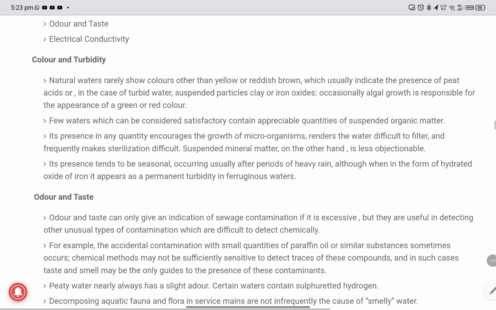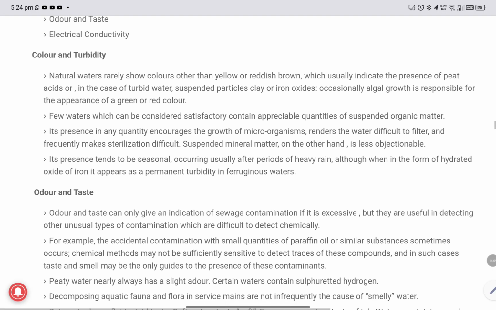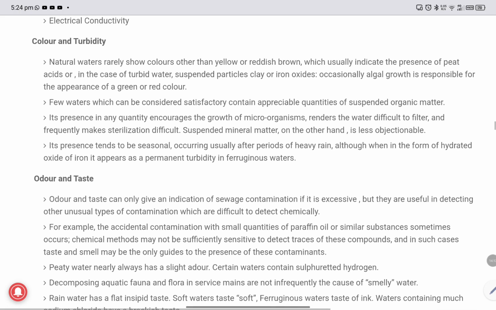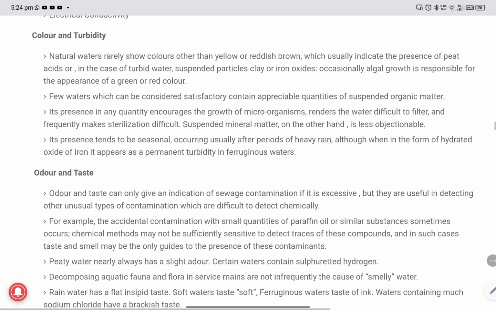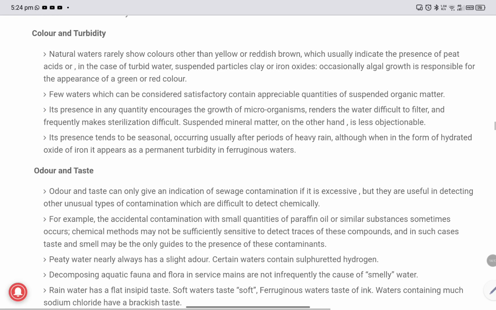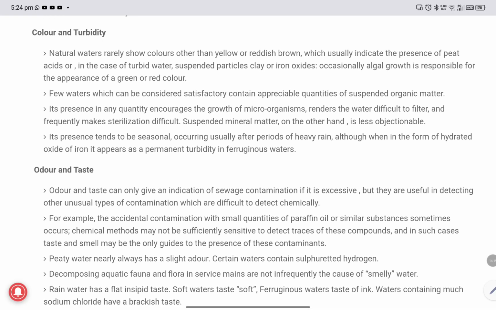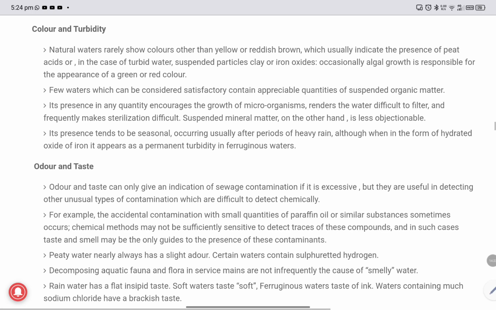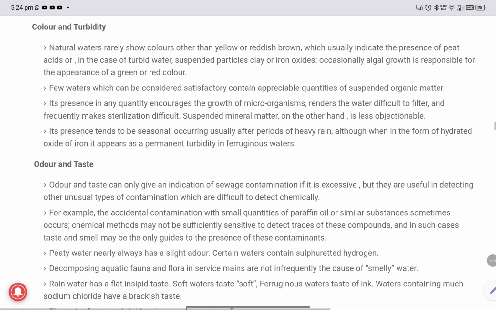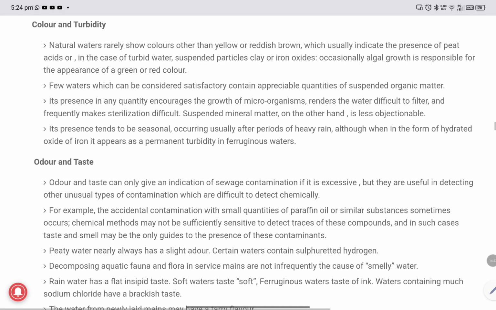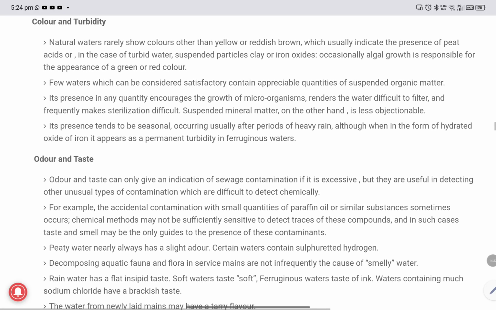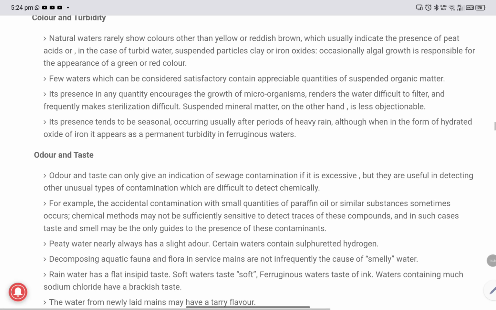Occasionally algal growth is responsible for the appearance of a green or red color. Few waters which can be considered satisfactory contain appreciable quantities of suspended organic matter. Its presence in any quantity encourages the growth of microorganisms, renders the water difficult to filter, and frequently makes sterilization difficult.